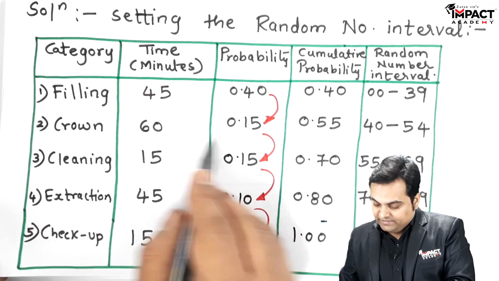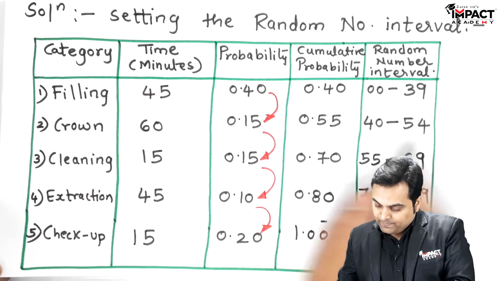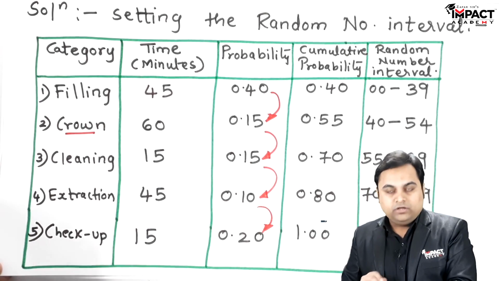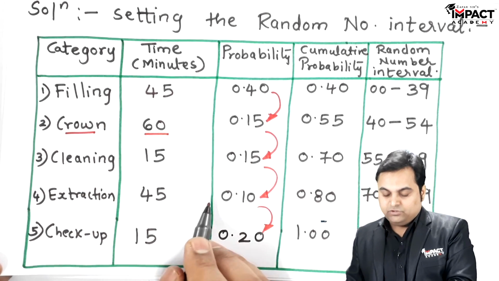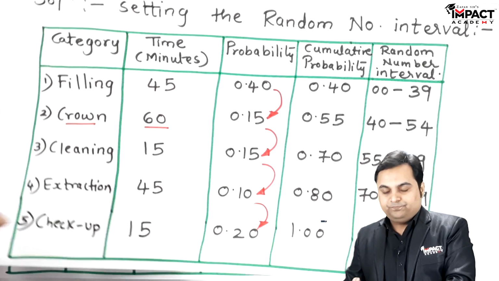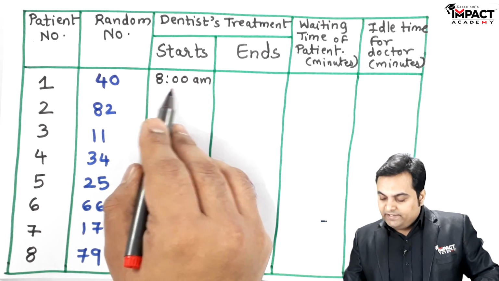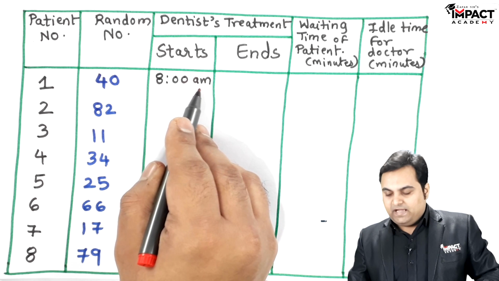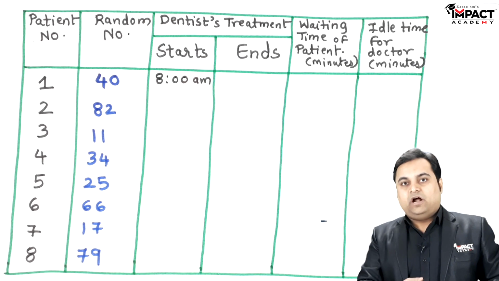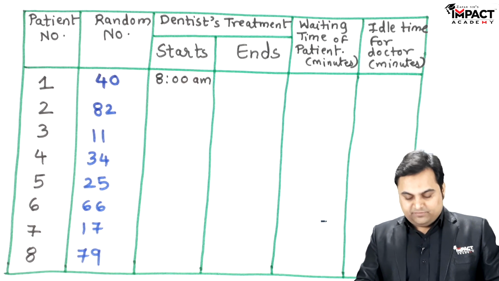So the kind of category or operation is crown, and crown will take 60 minutes. So patient number 1, who is entering the clinic at 8 a.m., starts the crown operation. Crown will take 60 minutes.